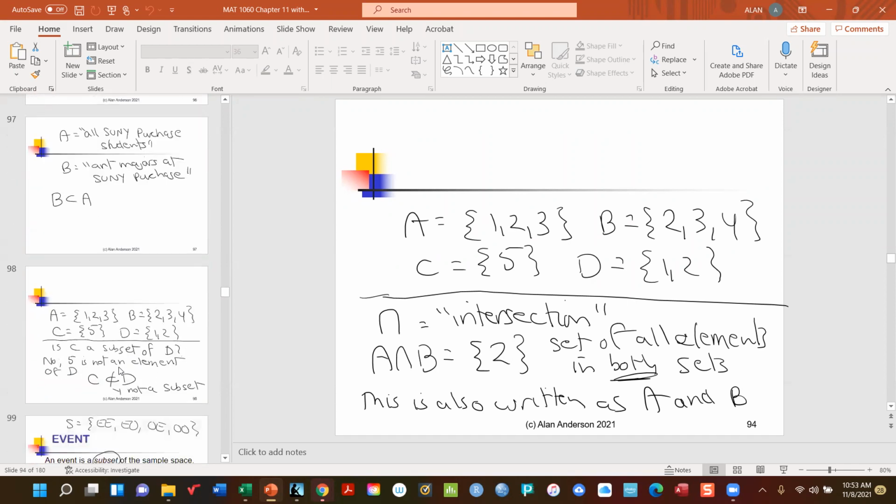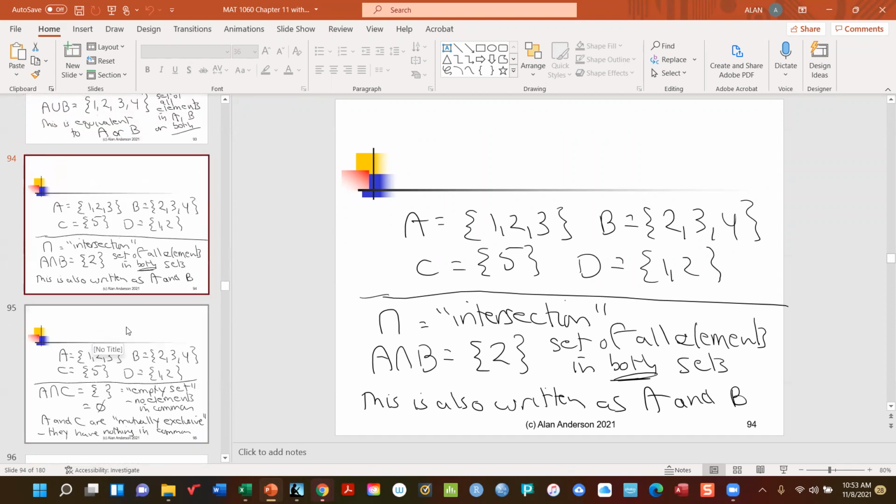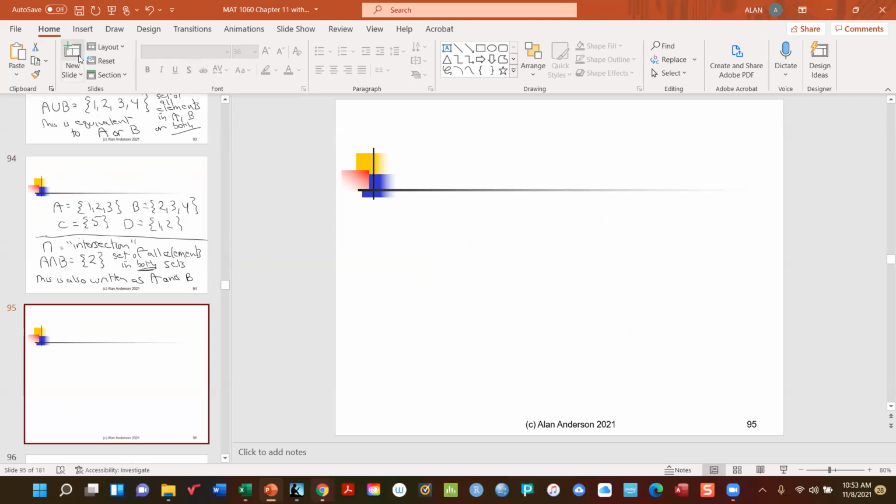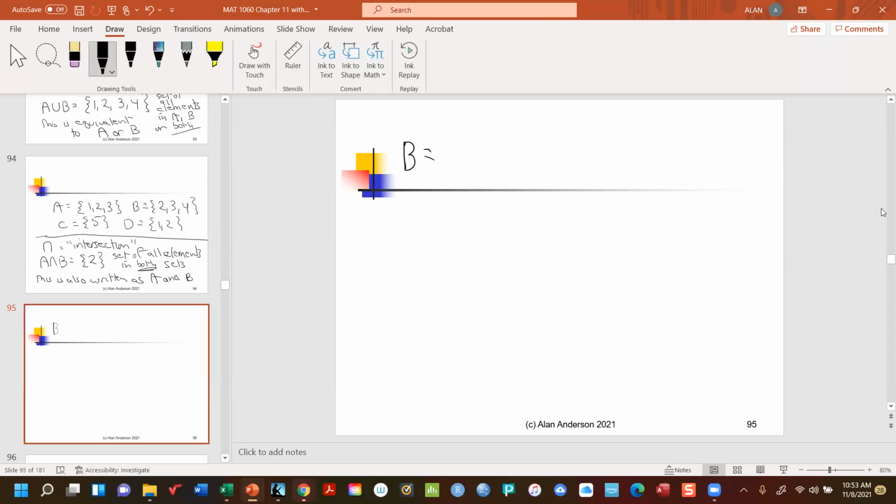Now, I would like to point out here that it's possible that there are no elements in common. In other words, let me sneak this one in here too. What about B and C? What elements do B and C have in common? Well, the answer is none. So in that case, remember, B is 2, 3, 4, and C is 5.